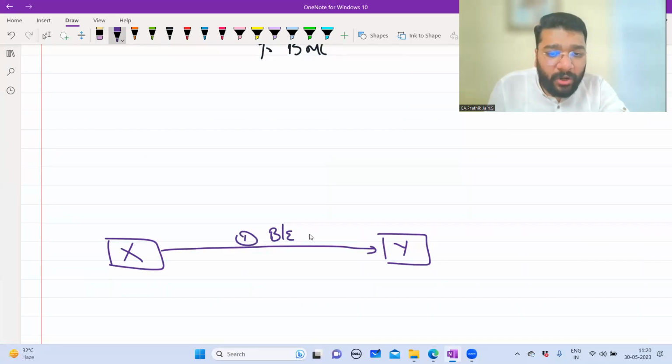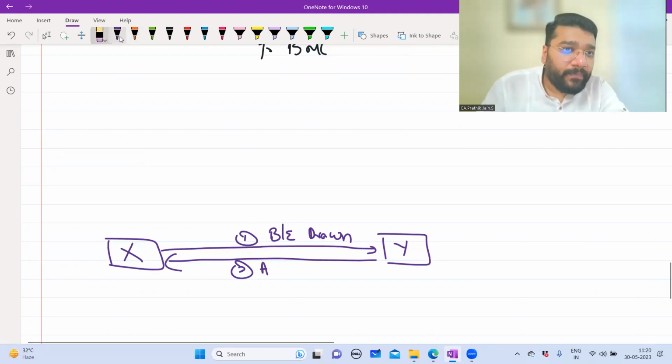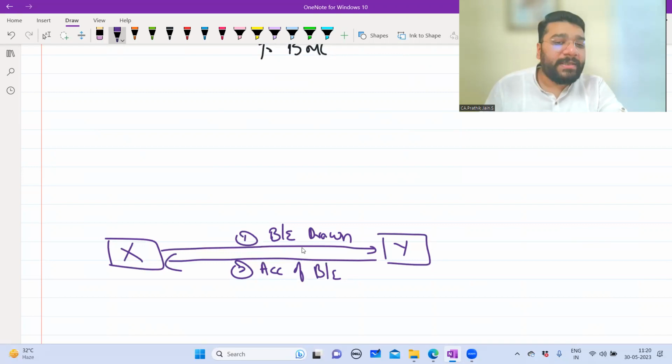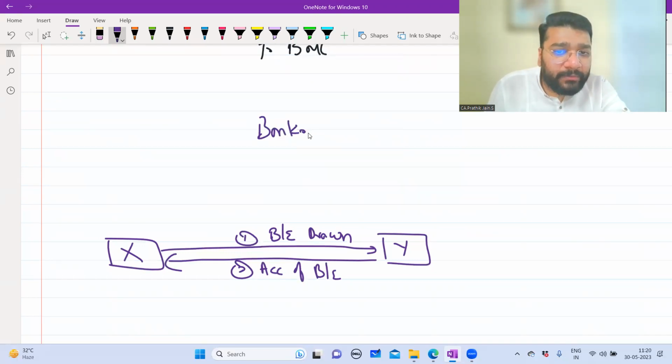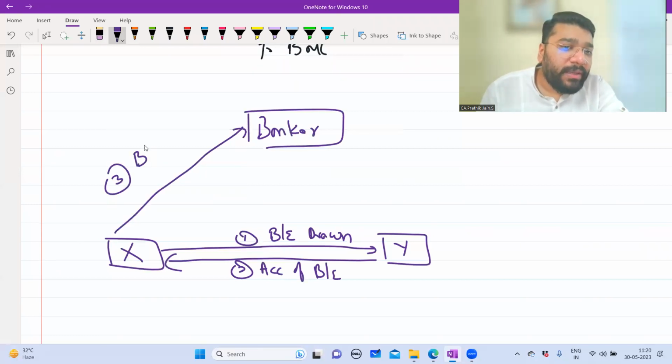Bill of exchange is drawn on Y. Y is accepting the bill of exchange. Then what is happening? Third transaction. X is discounting the bill with the banker. So the third transaction is bill of exchange discounted for 1000 rupees.